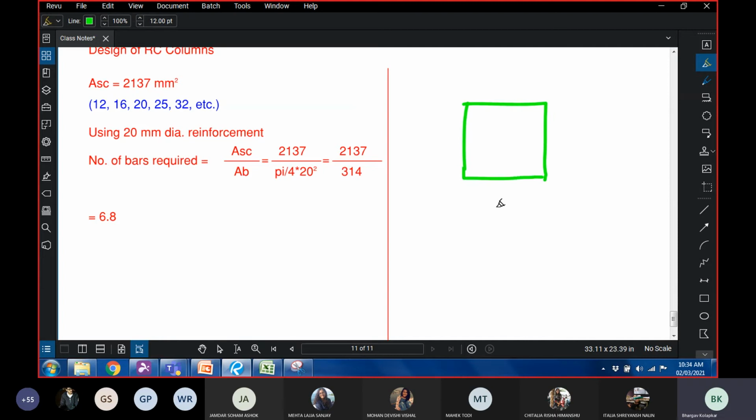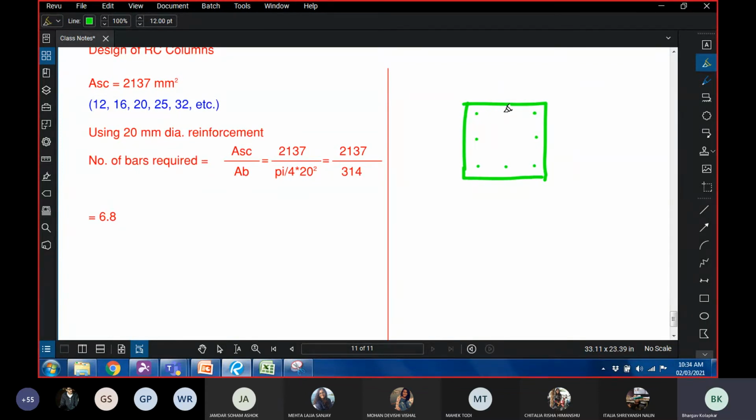So this is the 300 by 300 column that we are talking about. So 4 bars have to be at the corner. So 1, 2, 3, 4. Where should I provide the remaining 3 bars? Yeah, it has to be an even number. Right? So if I provide 3, there's a void here. So I cannot actually provide 7.